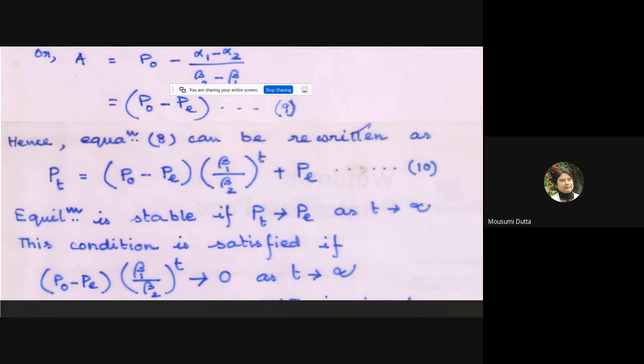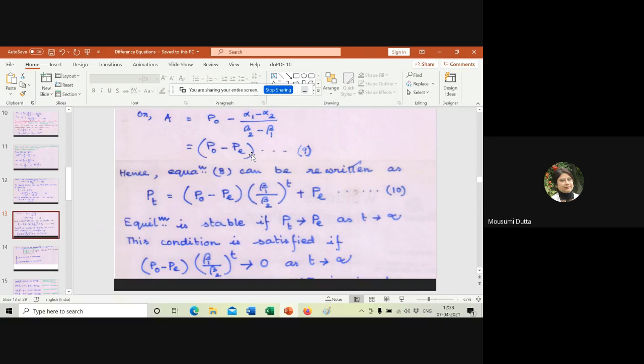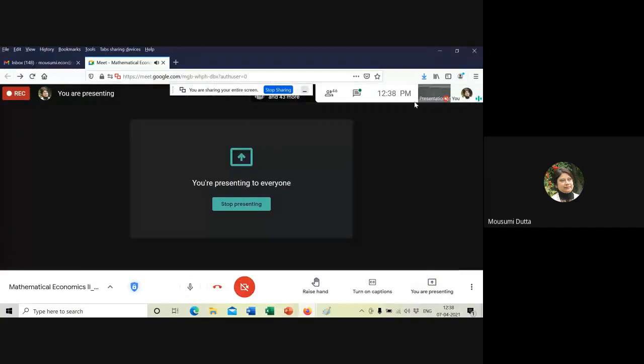Done? Everybody could do up to equation number 10, and after that just one sentence, this is the required time path of price.